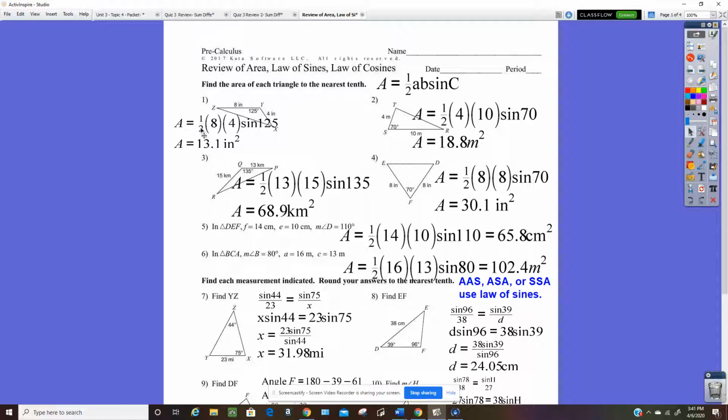So the first one is 1/2 times 8 times 4 times sine of 125, and you get 13.1 square inches.